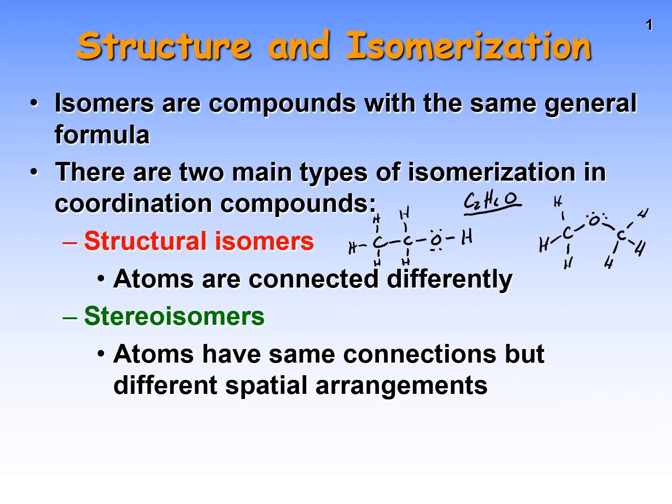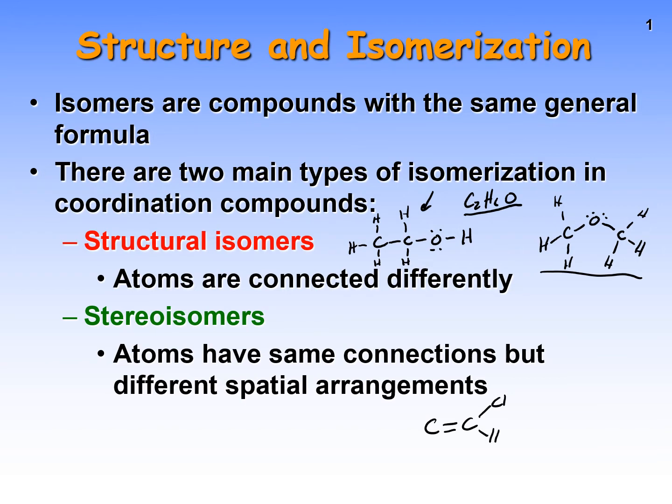You would get very sick if you drank it, unlike this guy, which, I mean, if you drink too much of the ethanol, it'll get you sick too, but this could kill you. Notice they both have 2 carbons, 6 hydrogens, and 1 oxygen. These are structural isomers. An example of spatial isomers can also be done with organic compounds as well.